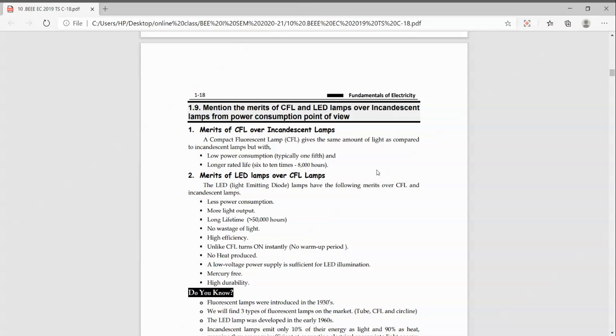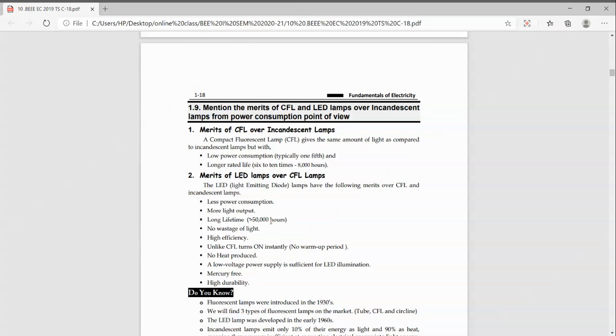So here the life of the lamps is measured in hours. It is more than 5000 hours, with no wastage of light, high efficiency, and unlike CFL it turns on instantly. So no warm up period. What happens for CFL, it needs some time. We know that a fluorescent lamp, that is a tube light, when we switch on, it won't glow immediately.